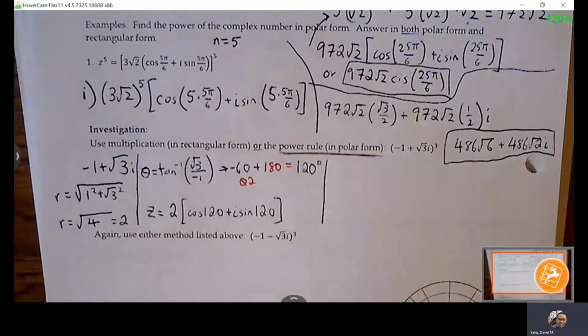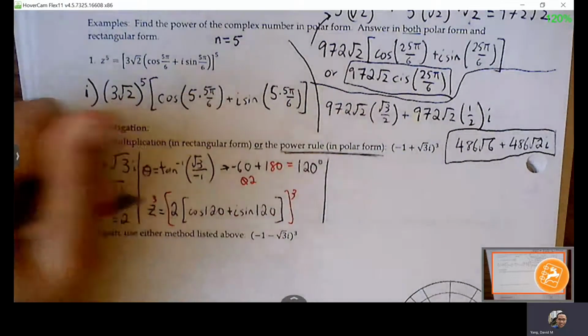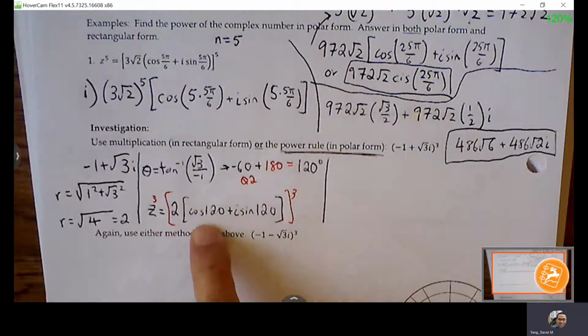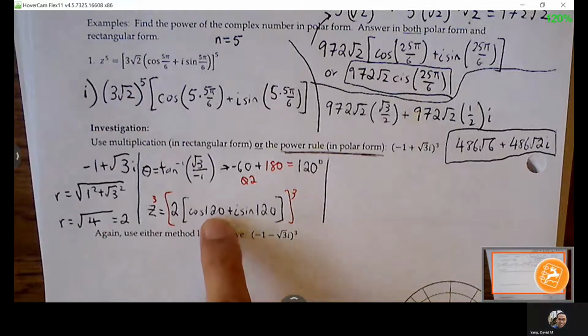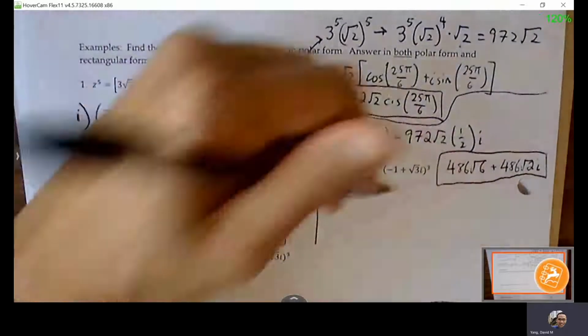So if I want to raise this to the third power, right? We raise the radius to the third power, but then what do we do with the theta? Multiply, right? So always slightly different operations.